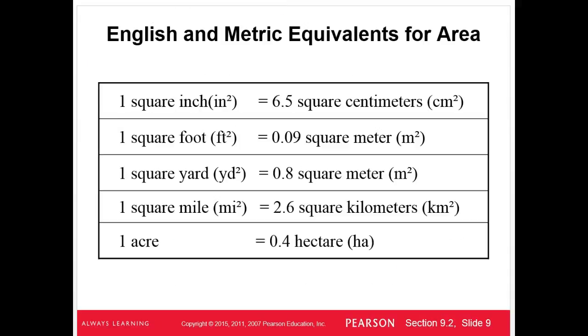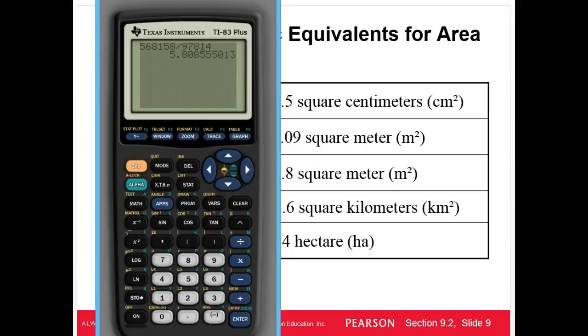Alright, so there's some English, or US really, basically just the United States measurement system now. But the square inches, the 3.5 square centimeters, that's coming from the 2.54.